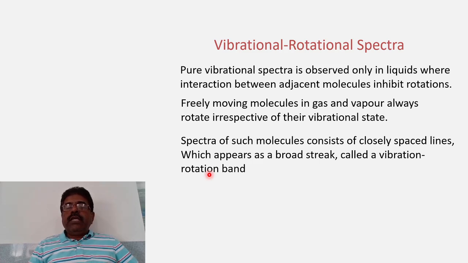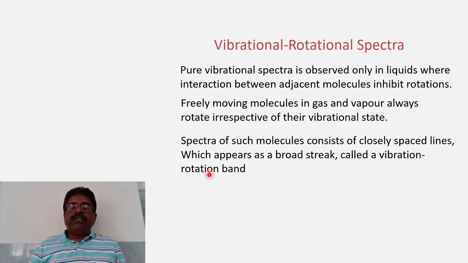If you consider any two adjacent vibrational energy levels, in between these the molecule has a certain number of rotational levels which fall between the energies of the two vibrational levels, and whenever there are transitions among these levels according to the selection rule, the spectral lines appear.